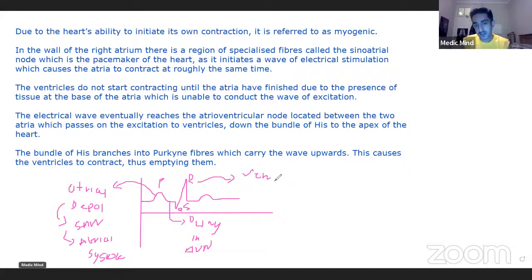It represents ventricular depolarization. So if you have an issue with this wave, this could be anything from your AVN all the way down to your Purkinje fibers or your bundle of His. And it roughly corresponds to ventricular systole.